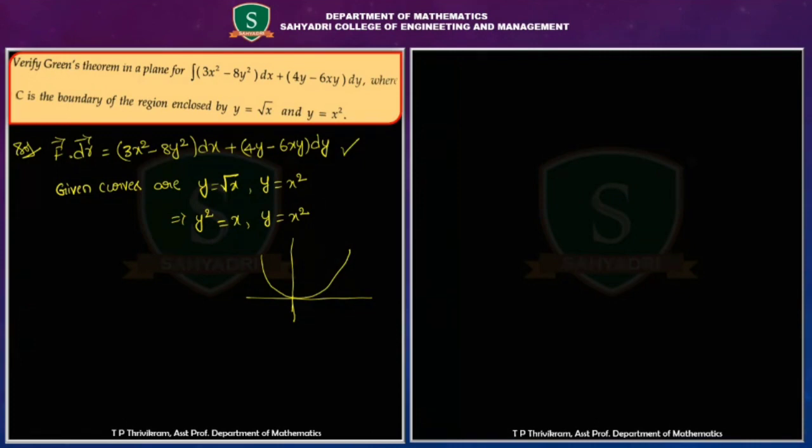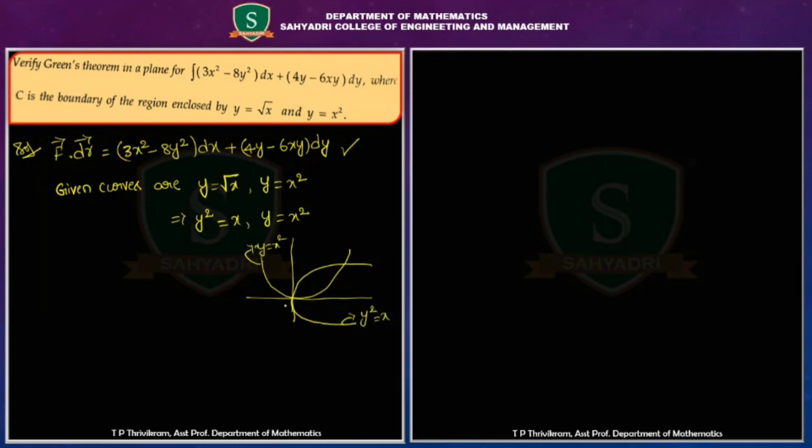Similarly, x equal to y² will be like this. So this is y equal to x² and this one is y² equal to x.